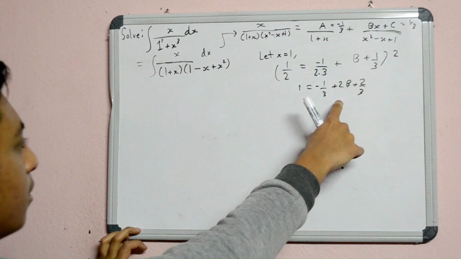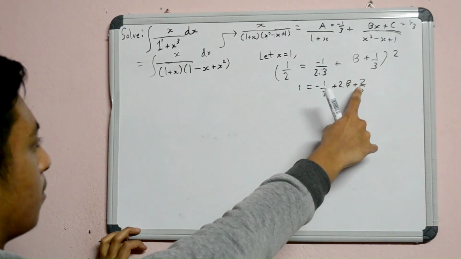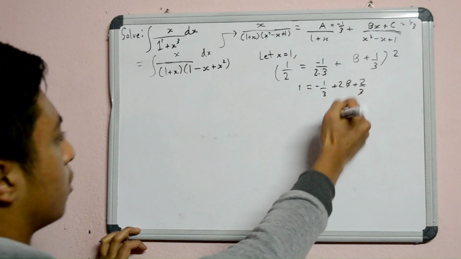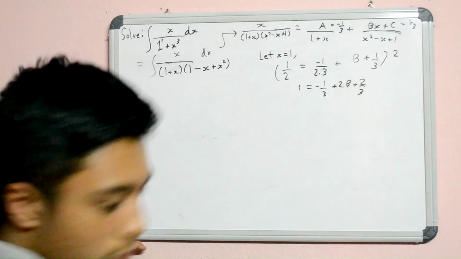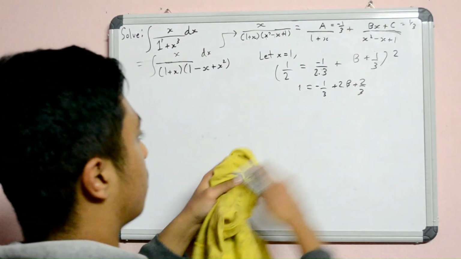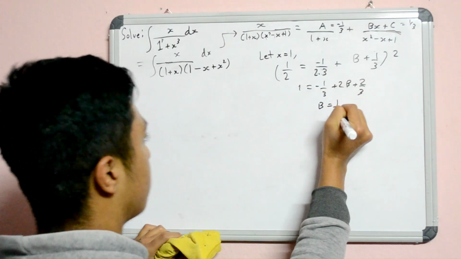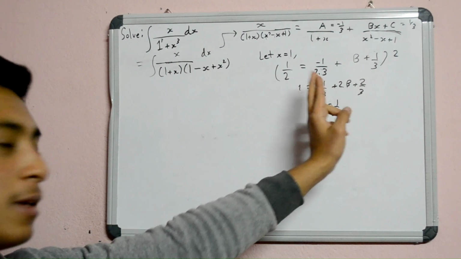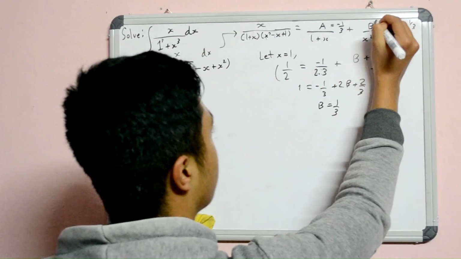This will be 2 by 3 minus 1 by 3, and then 2B. So B equals 1 by 3. Oh sorry, yes, B equals 1 by 3, because 2 by 3 plus 2 by 3 is 4 by 3, minus 1 by 3 is 3 by 3, which is 1. Yeah, B equals 1 by 3.